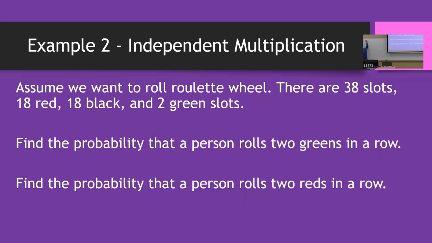So it says, what's the probability that you get green and another green? So 2 greens in a row. And then it says, what's the probability that you get 2 reds in a row?